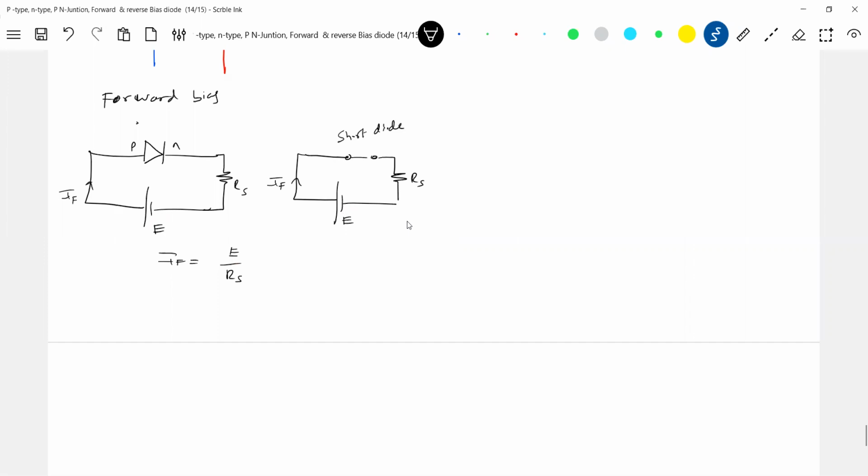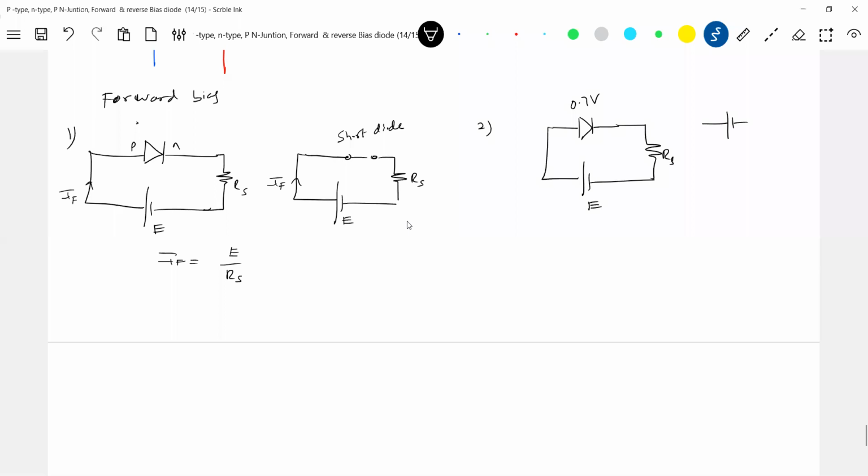Next, there's the second approximation. It says, if nearby the diode it is written like this, 0.7 volt, and the diode is forward biased, then you should replace the diode with a cell with polarity like this.